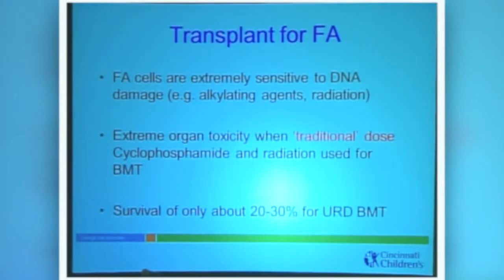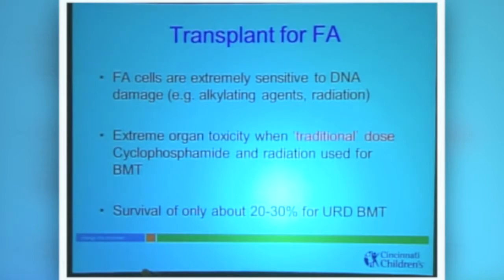They do get higher toxicity compared to patients who don't have Fanconi anemia. This was originally seen when traditional doses of chemotherapy were used by the French group in 5 patients, and 4 out of 5 patients died. It was unfortunate, but that actually gave us the clue that these patients are very sensitive.